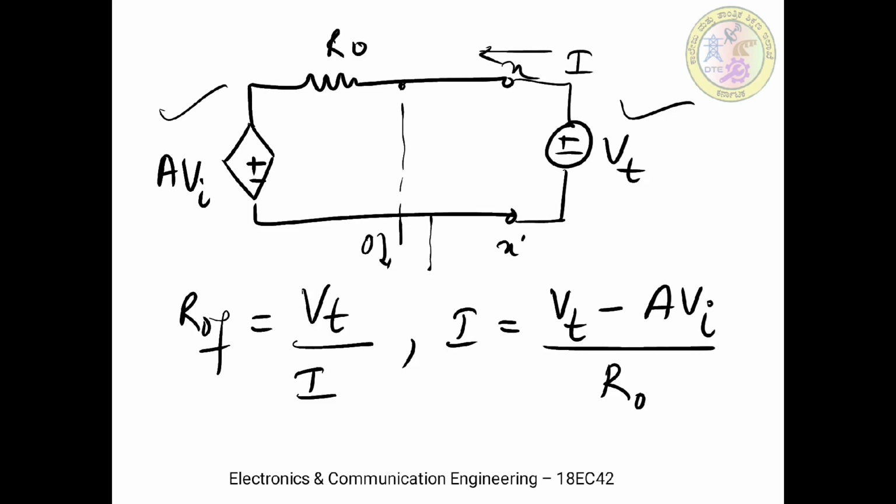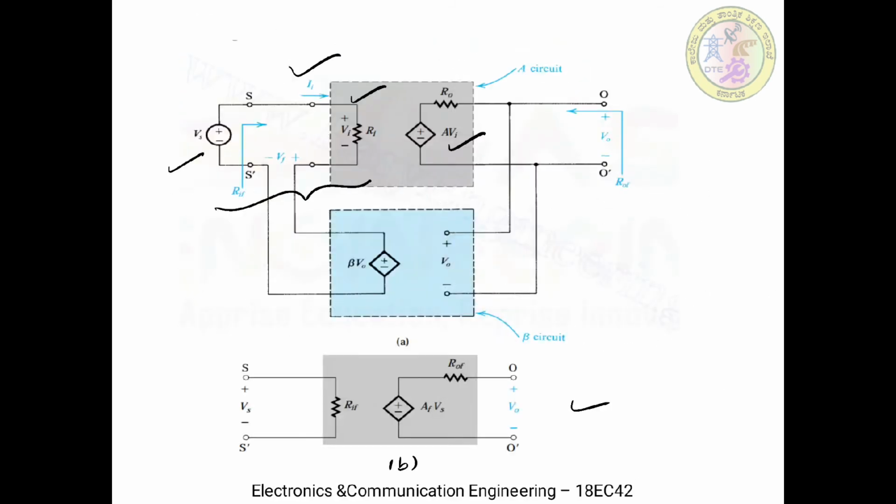Since our Vs is equal to 0, by referring to this figure A, that is the first diagram, Vi will be equal to simply minus Vf. Whatever the input voltage Vi is, it will be equal to minus Vf, because the Vs part is equal to 0. Actually, what is Vi? Vi will be equal to Vs minus Vf.